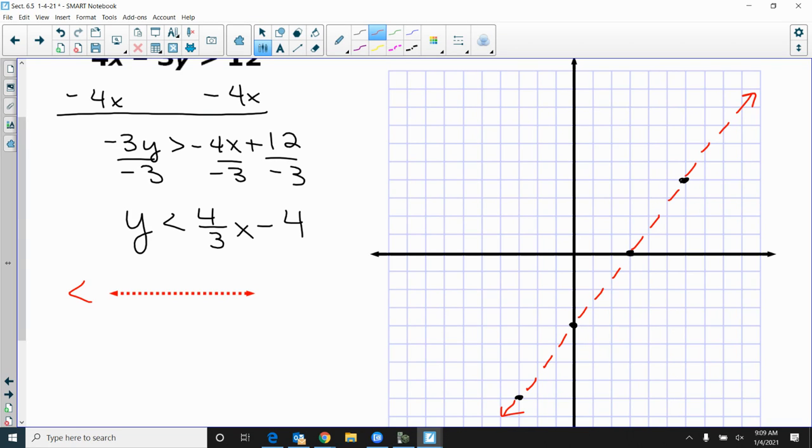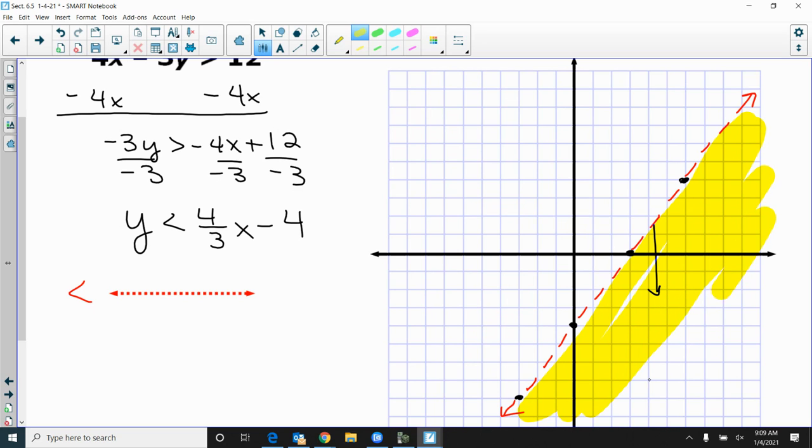Below the line, because it is less than. All right, now, sometimes there's a confusion. Is it above or below? Below, just put your pencil on the line, and if you draw an arrow straight down, that tells you where it's at. That's below. So everything on that side of that line, we want to shade.